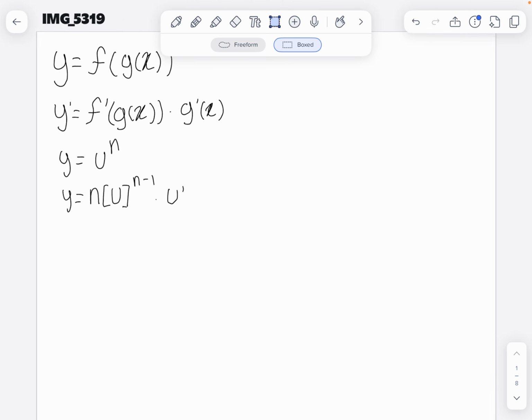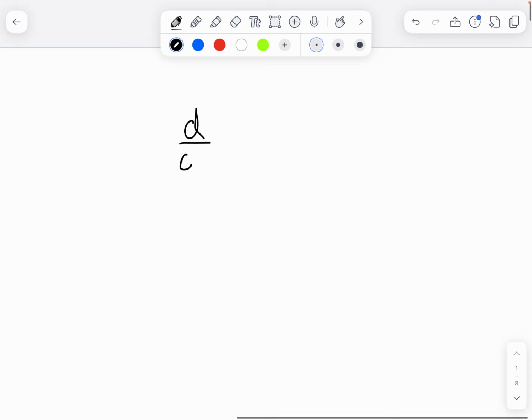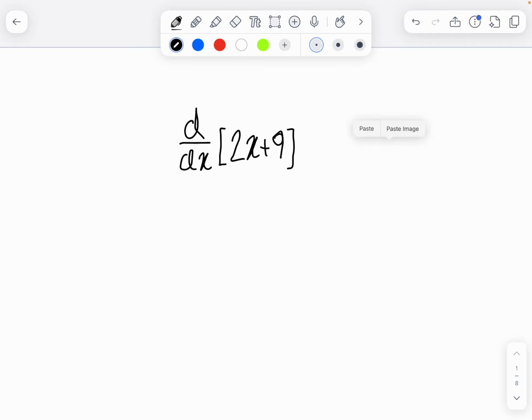The first question asks us, what is the derivative of 2x plus 9 to the power of 5?